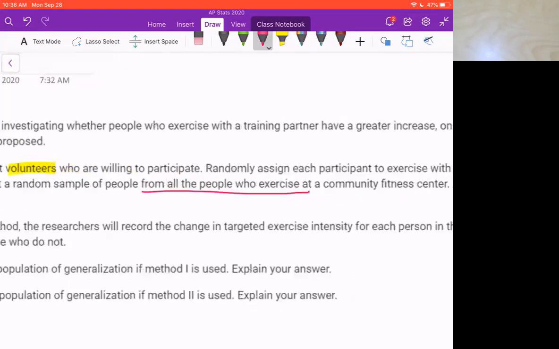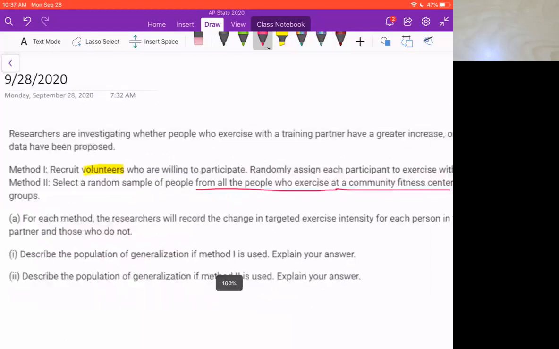It tells you right here where the people are coming from. So we took a random sample from all the people who exercise at a community fitness center. That is our population. All the people who exercise at this community center is the population, because that's where the people came from.